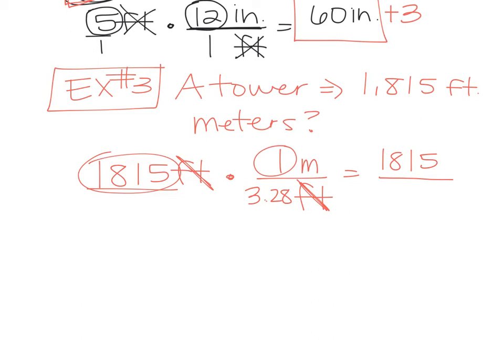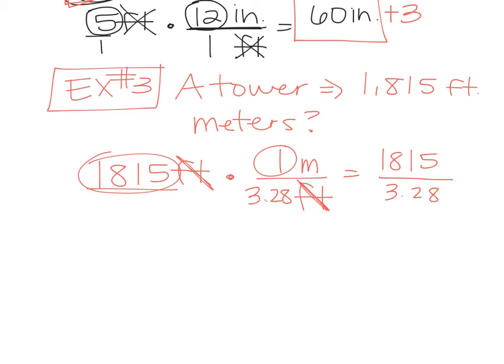What's your denominator? 3.28. Okay, so do we want to say it's 1,815 divided by 3.28 meters? No. Not a good answer, right? You would get partial credit because you're on the road to the right answer.